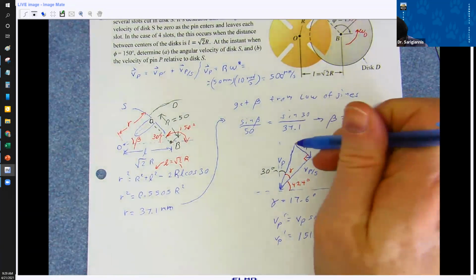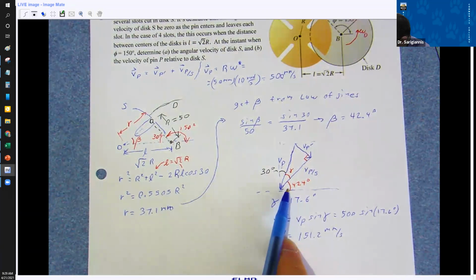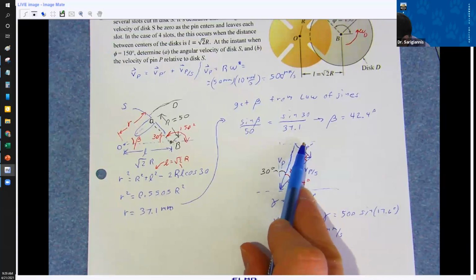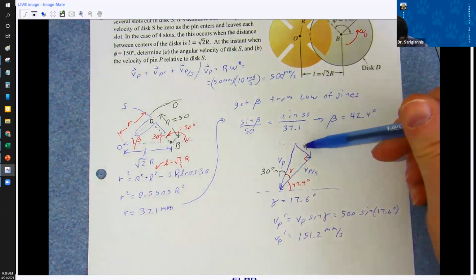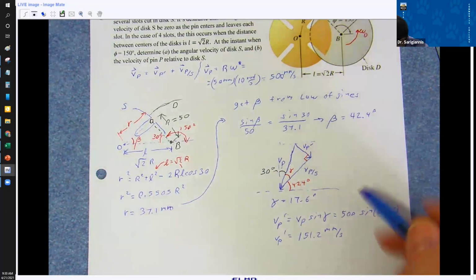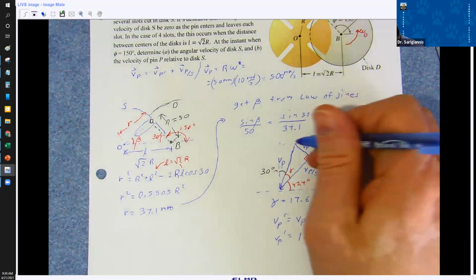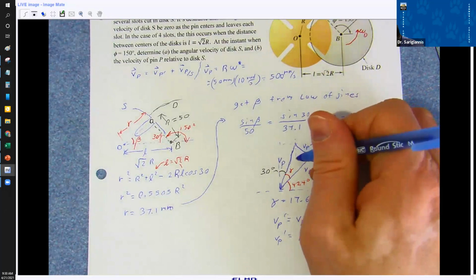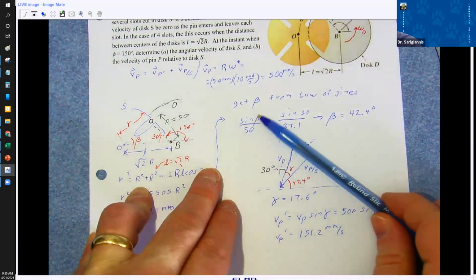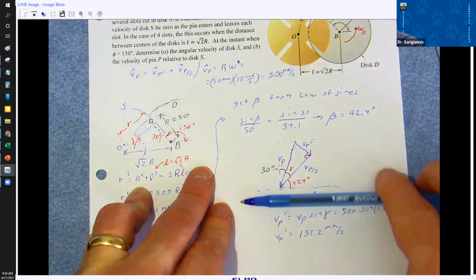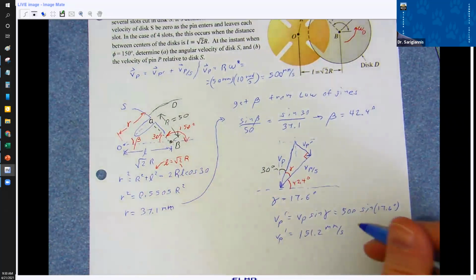Well, this is 42.4. We can figure out that this is 42.4 from the top horizontal here, because this is at 90 degrees, right? So it's 42.4 degrees. Let's see, hold on a second. Oh no, it's this, right? Opposite interiors. This goes to this right here, 42.4 degrees on the inside.